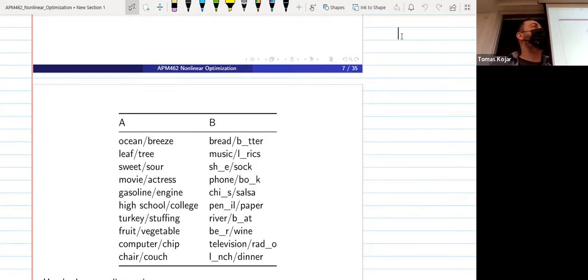Well, it's supposed to be B. So did you get it? Can you tell me on Zoom? It's B, right? I hope so. Otherwise, it's a failed experiment.